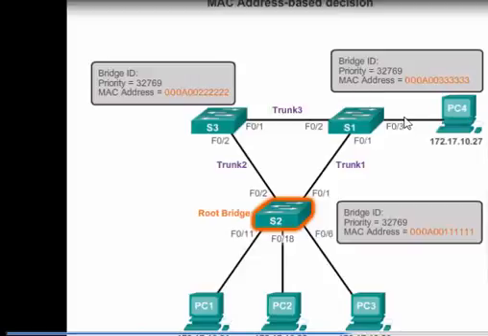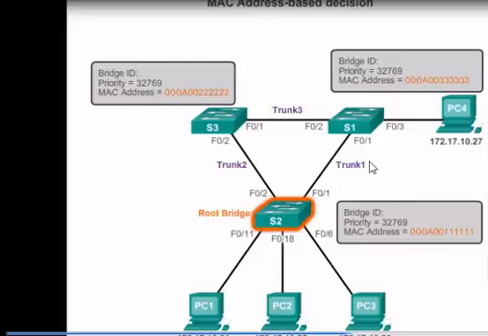And in this picture, you see that all switches are configured with the same priority value: this one has 32769, this has 32769, 32769. The default priority value configuration is 32768. Since every switch is one VLAN away, this one is added to 32768 and becomes 32769.